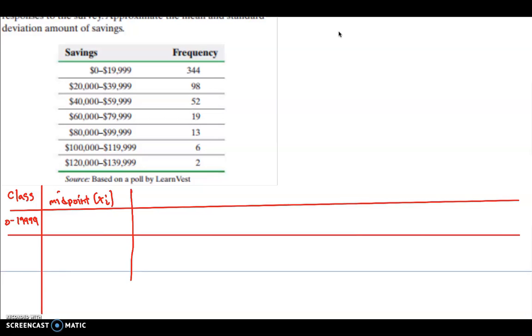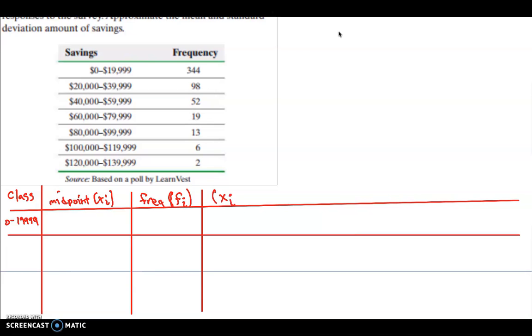Okay, and then once we've got the midpoint, we are going to look at the frequency in each class there. So we'll have the frequency, and then we're going to have the deviations.